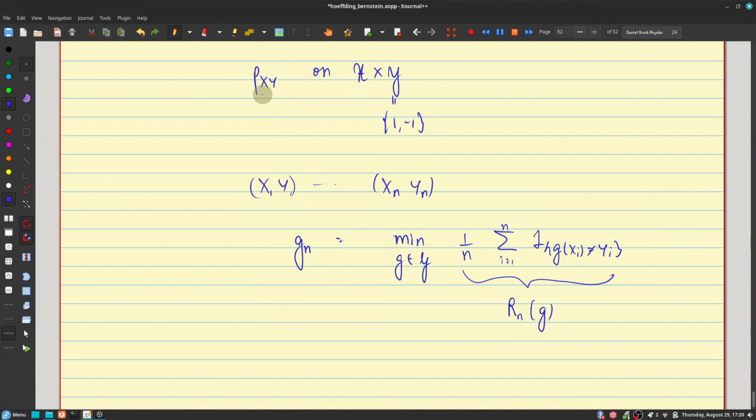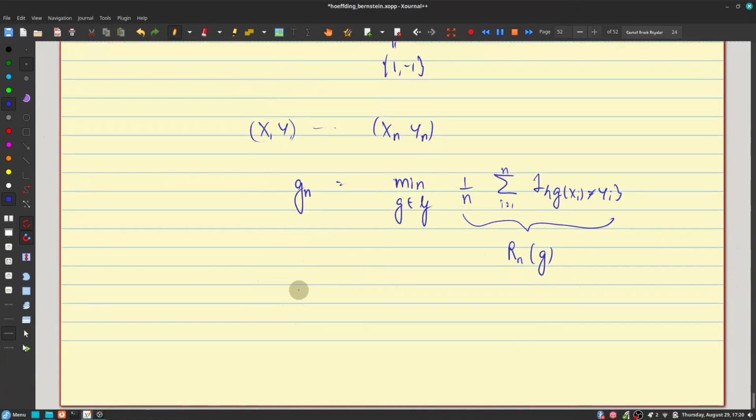Because that is the real quantity of interest. So what we want is to find out what is R(g) or R(g_n), which is the expectation of, or in other words, the probability that if I draw an independent sample, then the probability that this goes wrong.